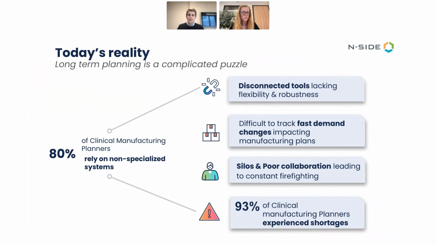The problem is that those tools are usually disconnected and they lack the flexibility and robustness to take everything into consideration. The typical question people are trying to answer when planning for the DS, the DP, even the API for a specific program is: the trials that I've planned right now and the schedule that I've put those trials on, is this realistic compared to what I have in terms of reserved slots, number of kits to release, and shelf life?